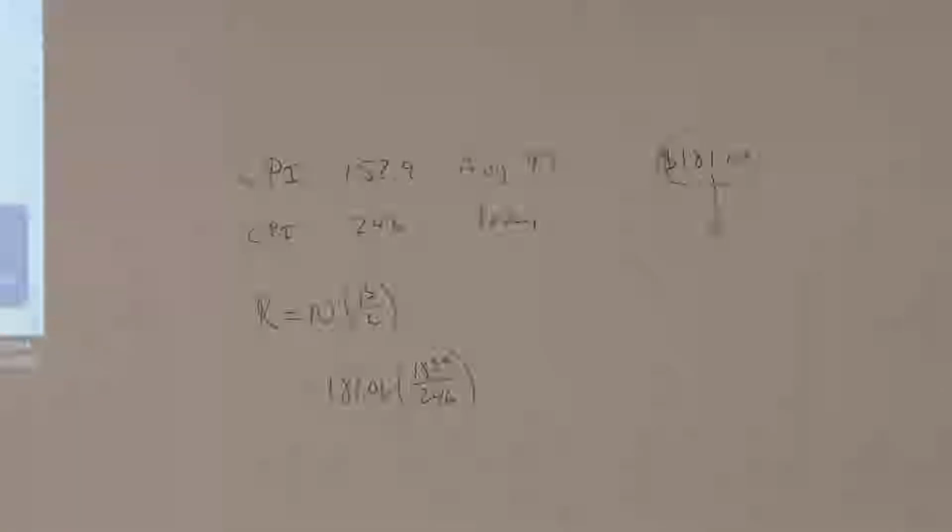So we started off paying $181. 152.9 divided by 246 times 181.06. It's the equivalent of paying $112, right?